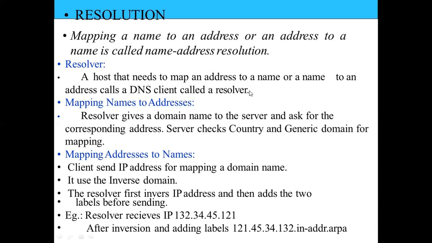Mapping addresses to names, how will it be mapped? The client generally sends an IP address for mapping a domain name and it uses the inverse domain. Now the resolver first inverts the IP address and then adds the two labels before sending.